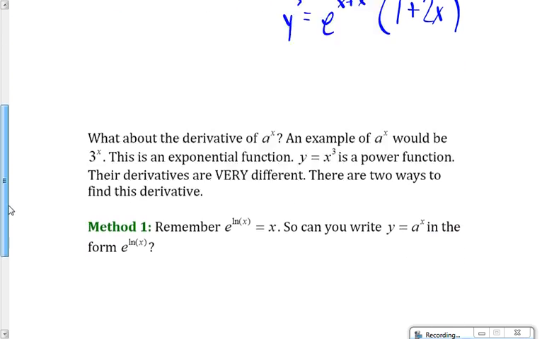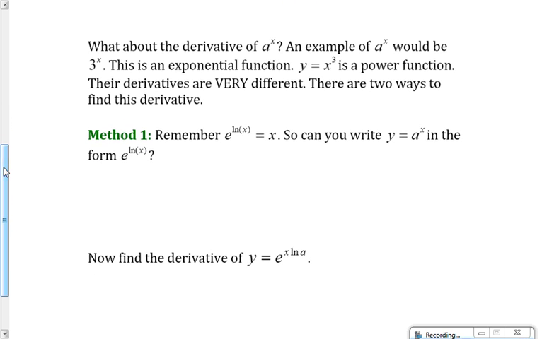Okay? Now, we're going to move a little bit. This is kind of topic number 2. We did e to the x, now we're going to do a to the x. The thing to keep in mind here is that a is some constant. So what we're trying to do here is come up with a universal rule that we can use to find the derivative of an exponential function regardless of the base.